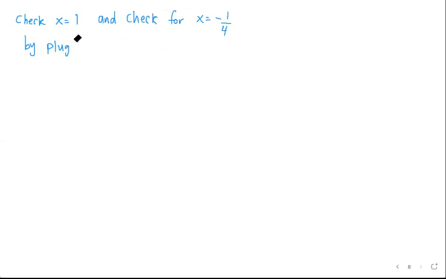I mean, each one separately, like the previous example.